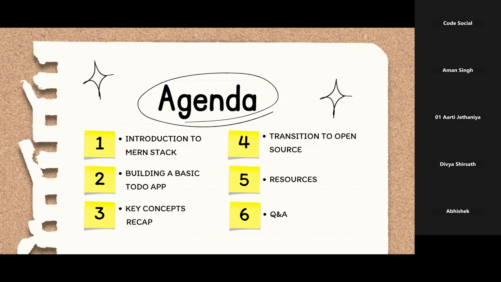Next is the key concept recap, just a basic recap of all the technologies. Then the main part, transition to open source. If you are comfortable with the basic knowledge of the MERN stack and have gained the knowledge of how to build a basic full stack application, then how can you transition into open source and contribute to it?